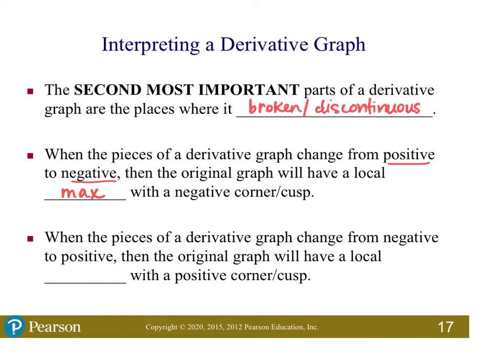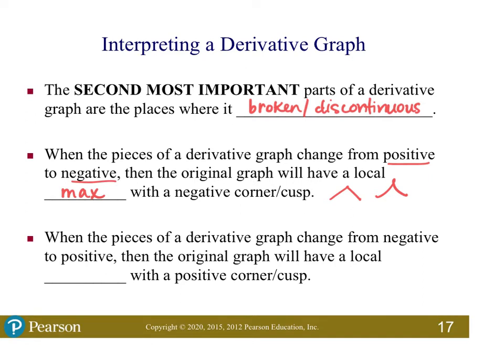A local max, only it's still going to have a corner like that. So like a negative corner. It's a max with a negative corner. Or maybe it's a cusp like this. The negative cusp, the cusp part of it is opening downwards.